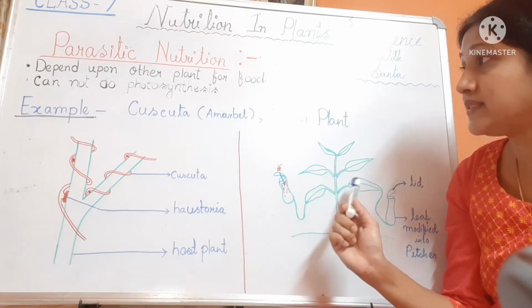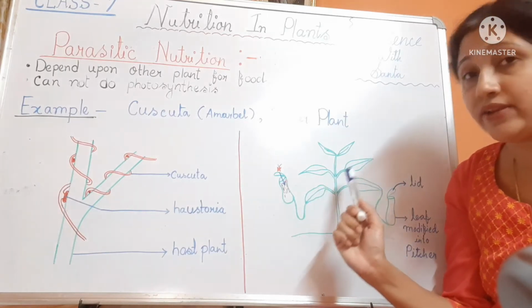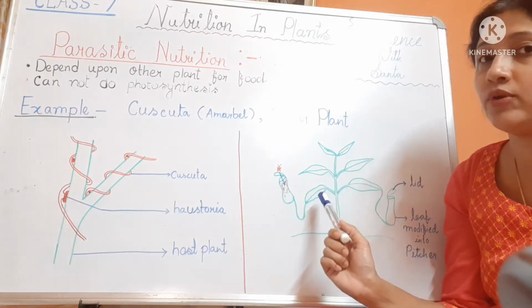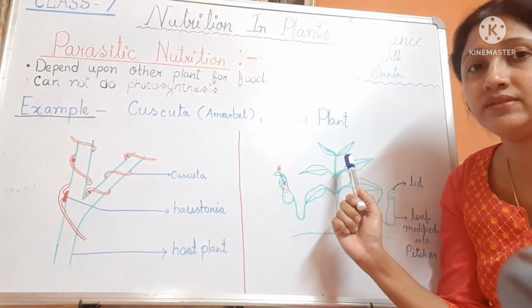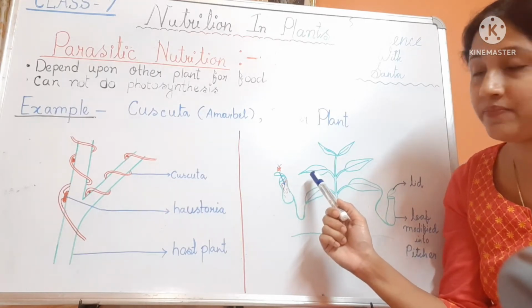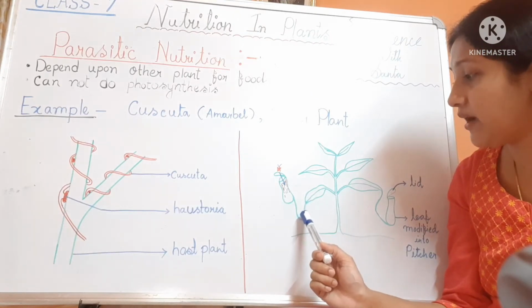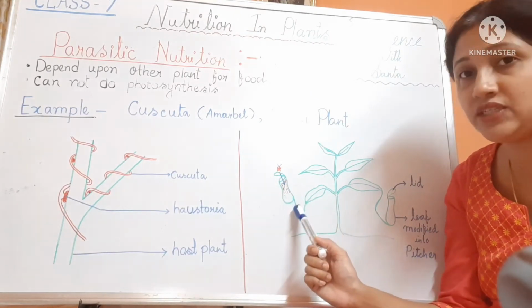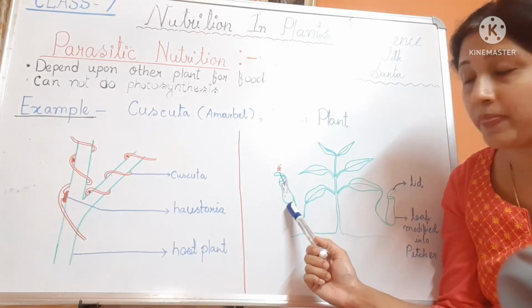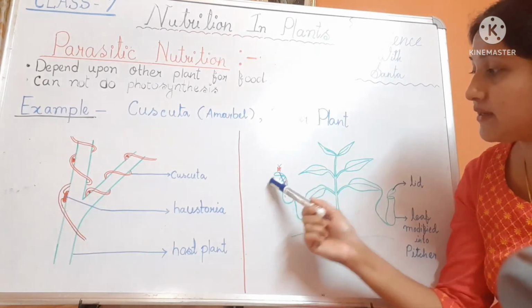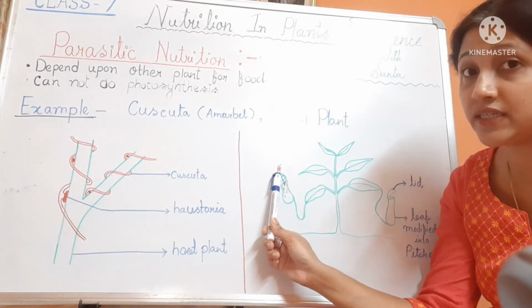But why is it called parasitic? Because for nitrogen, it depends upon insects. It takes the nitrogen from the insects. Here, a part of the leaf is modified into a pitcher, a pitcher-like structure, and the leaf apex is converted into the lid of that pitcher.